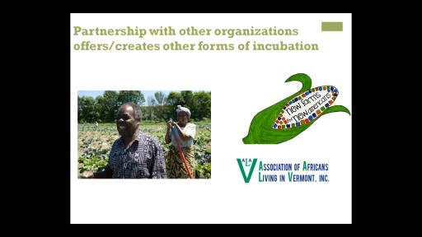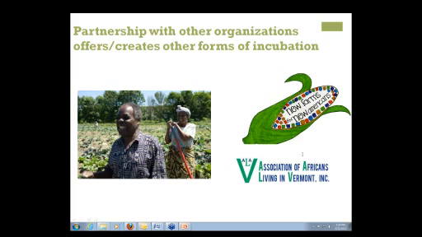Great. Workplace delivery. Okay. We partner with a local organization called the Association of Africans Living in Vermont, and it's a refugee agriculture project. They rent land, and we consider this part of our incubator program in a way, but it's a partnership. It's not just our program.